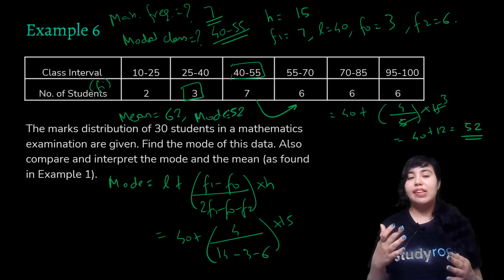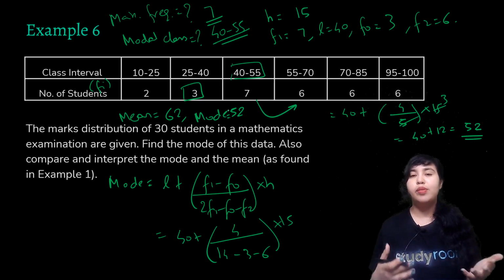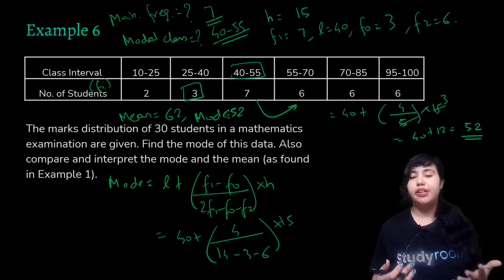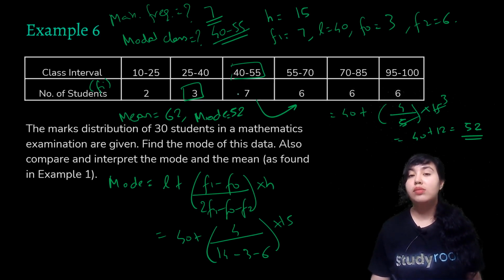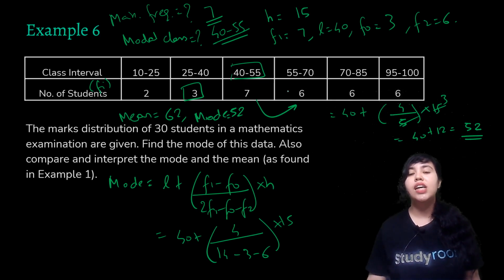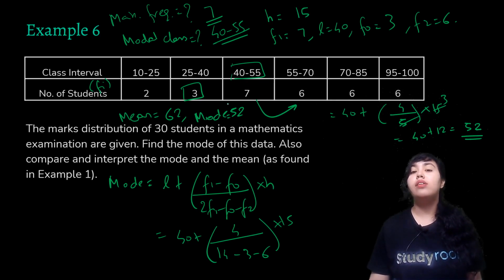I'm telling you again, they are just numbers for a layman, but for a mathematician, they are more than numbers. So how can you interpret this? We said that the mean meant the average marks for this class turned out to be 62. Mode means maximum frequency. So the maximum number of students in this class scored what marks? They scored 50 marks.